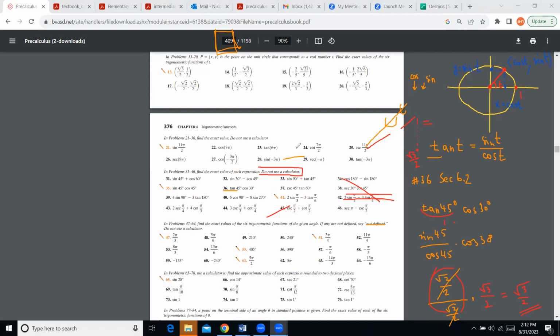So you can actually see that the answer will be in this format rather than decimal, because they say do not use a calculator. And that's the way to realize why your result may not be identical with the textbook, because they don't want you to use a calculator.